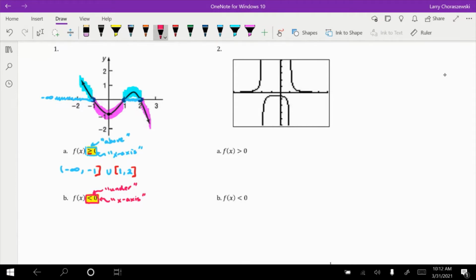So the x values that correspond to the first part go from -1 to 1. Now, should we use parentheses or brackets on these values? We'll take a peek at the inequality symbol.